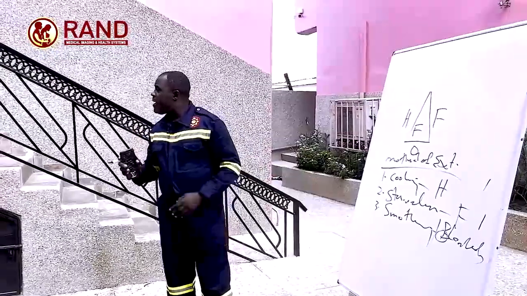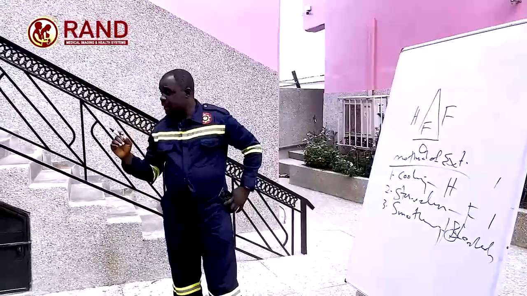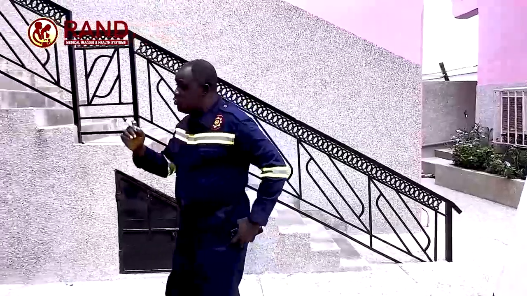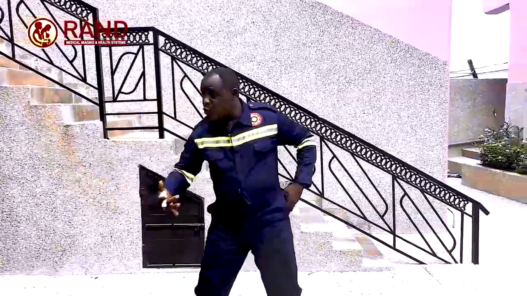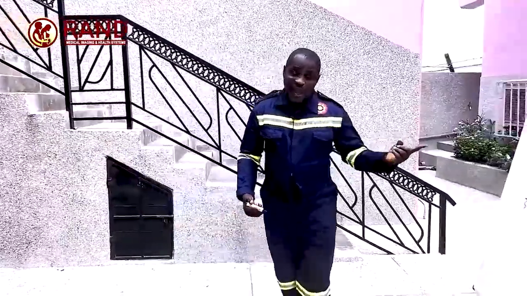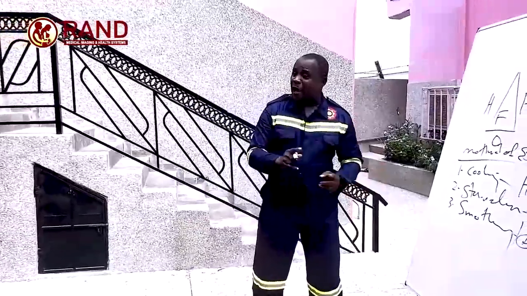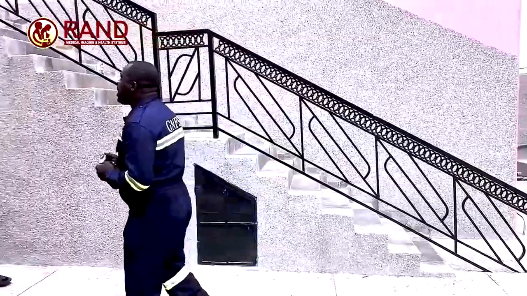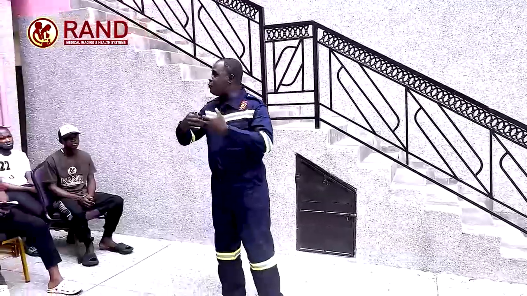But not all fires you can use water on, because we have electrical fires. Electricity is good. It comes through water, but if you apply water on an electrical fire, you'll be electrocuted and you die. So before we apply water, there are things that we have to do.